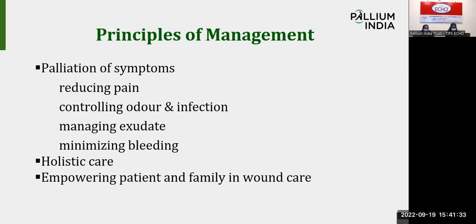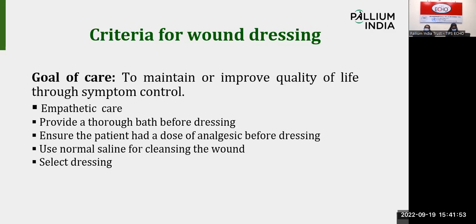If they are doing the dressings alone, they will say that the caregivers do my dressings and all. So if possible, do the individual assessment, then you can understand the real situation.